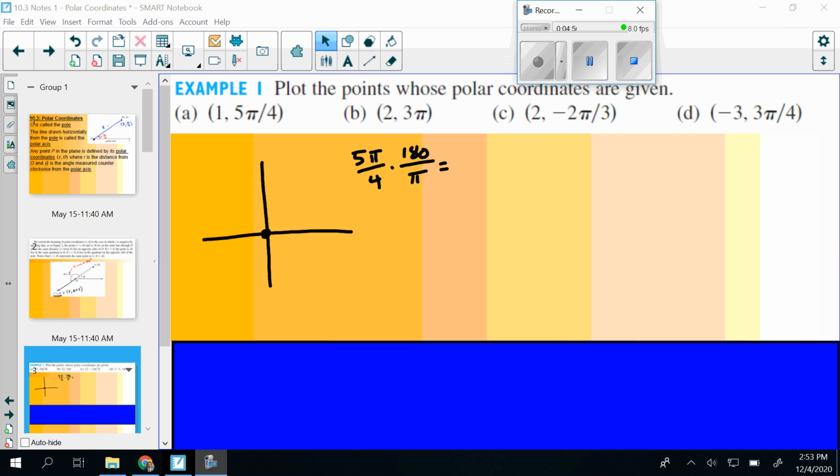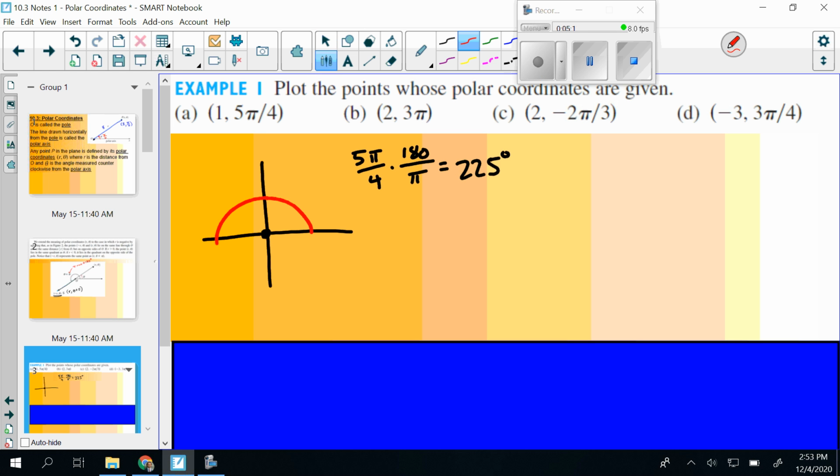That would simplify out to be 225. So 225, if we subtract 180 from that, there's going to be an additional 45. So that angle would be taking us all the way here.